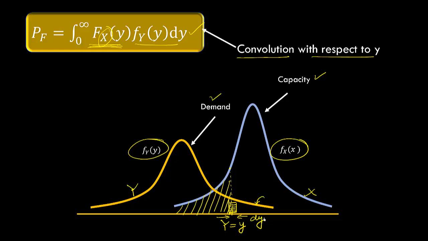So this is the second term, that is fy dy. So if I multiply these two terms and integrate from 0 to infinity, this will give me the corresponding probability of failure. Basically, the probability of failure can also be given qualitatively in terms of area under the curve between the two curves.